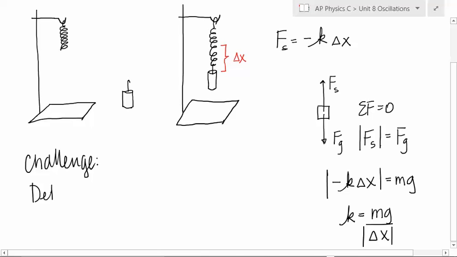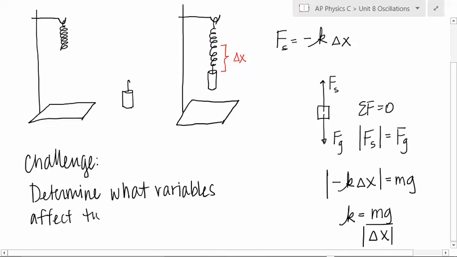Determine what, usually you spell what with an H, what variables affect the period of the spring mass system.